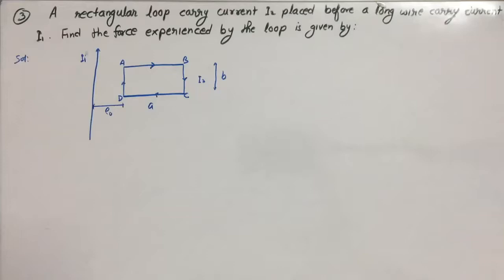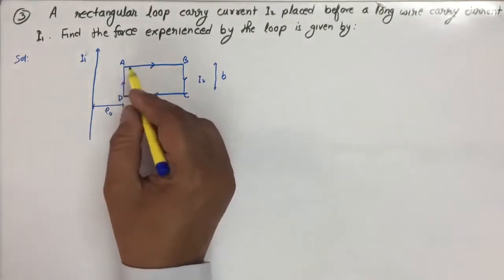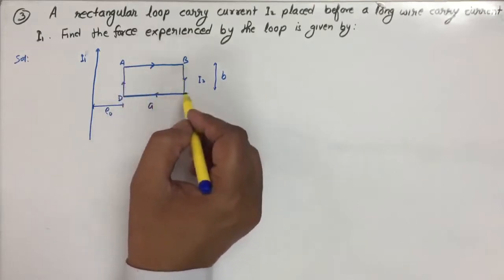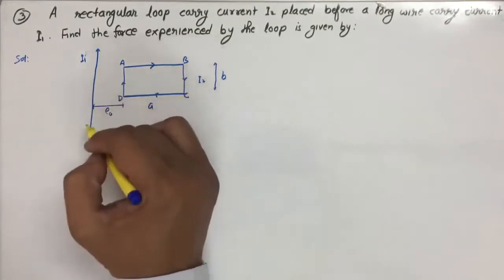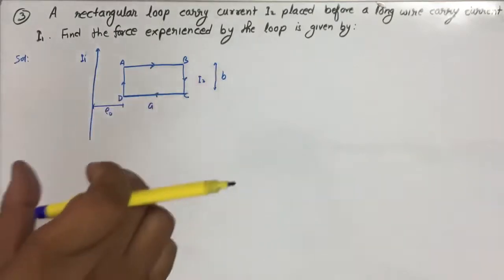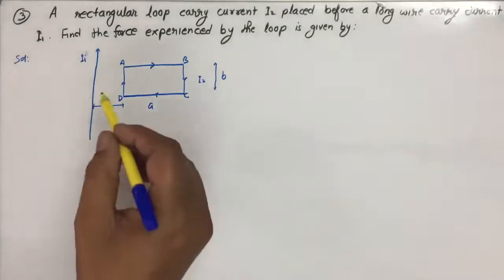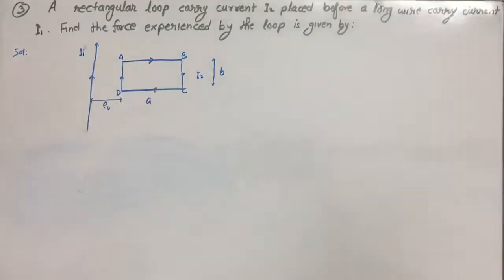So we will try to find the force at every element from this current carrying conductor. Then we will add them all in vector form and find the net force acting on the loop.